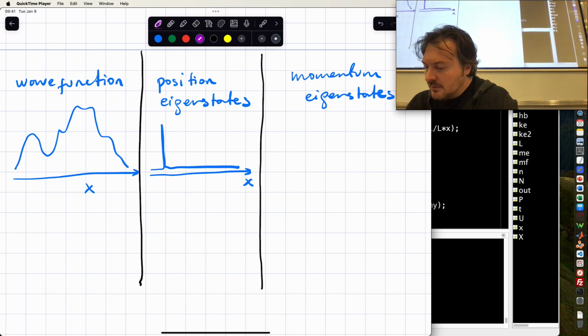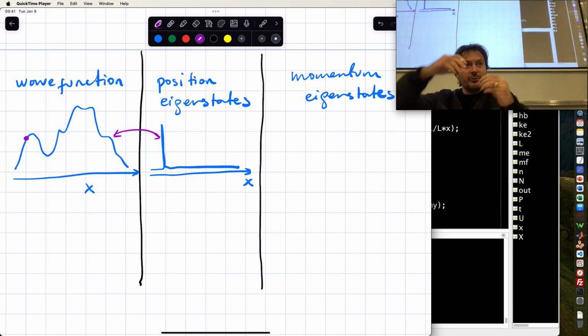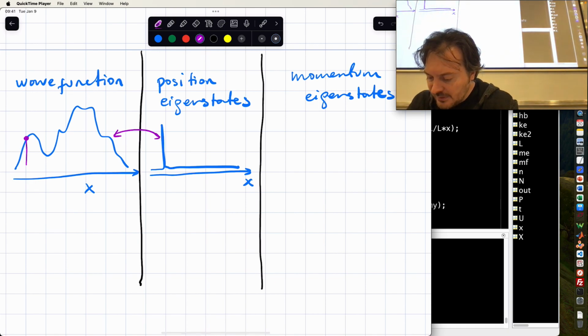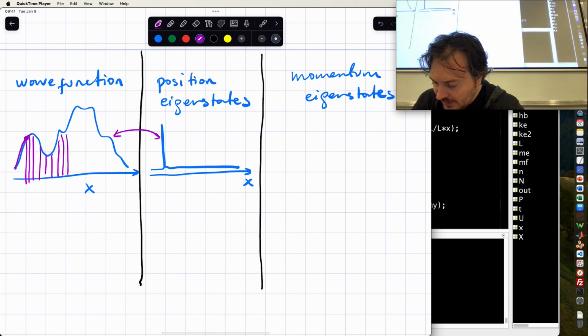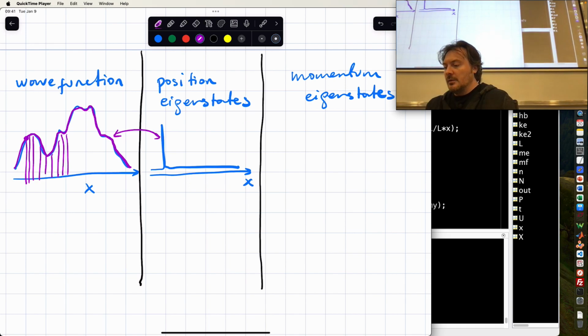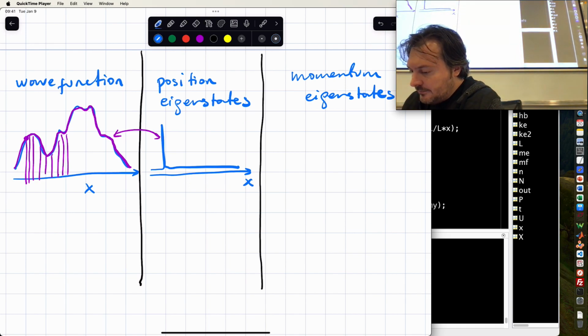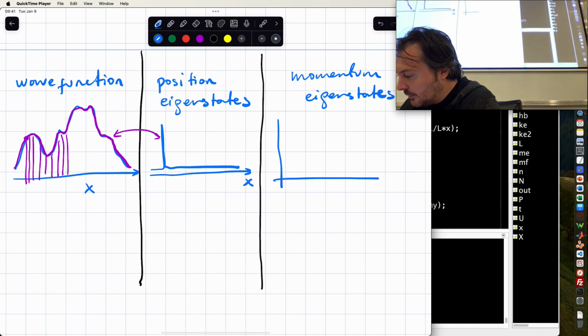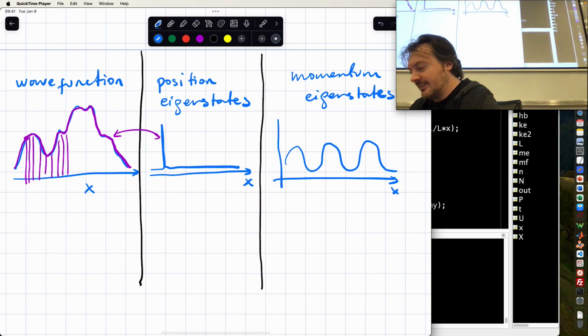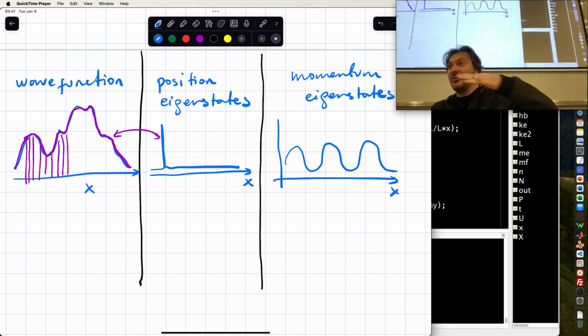So when I multiply these two, I pick up this value, and that's why I draw these lines. So what I could have had is some momentum eigenstate, and momentum eigenstates look like this in x. Again, I'm plotting it in x.